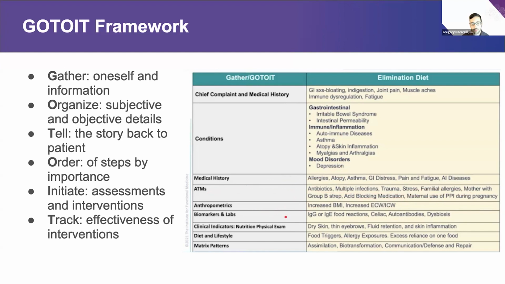Anthropometrics, biomarkers, and labs. Performing a nutrition physical exam to determine what findings may be associated with nutritional deficiencies or nutritional excesses. Diet and lifestyle associations, and then looking at functional medicine matrix patterns in terms of which systems require the most awareness for investigating.